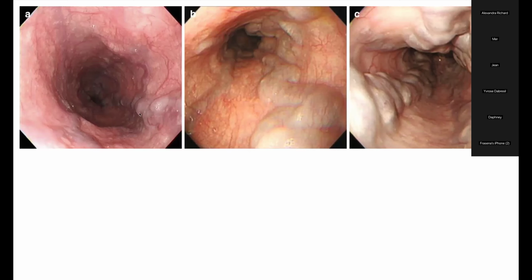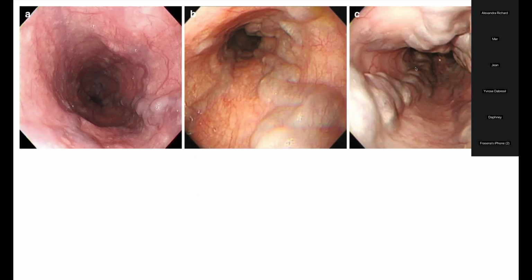The esophagus is supposed to be a smooth lining, a smooth lumen, right? Just a tube. Even here, you see the esophageal varices, that's not normal. The esophagus is supposed to be a smooth tube. So this is abnormal.